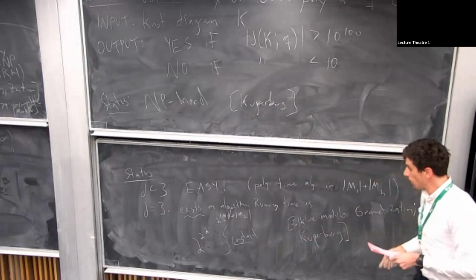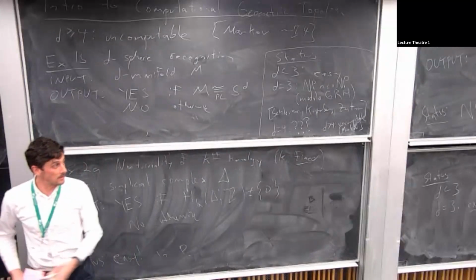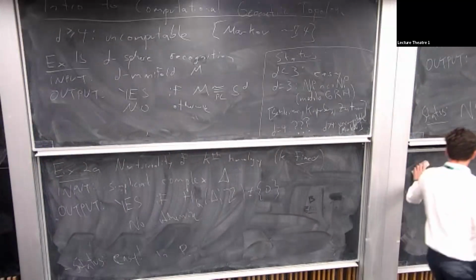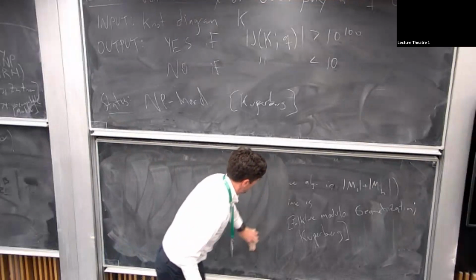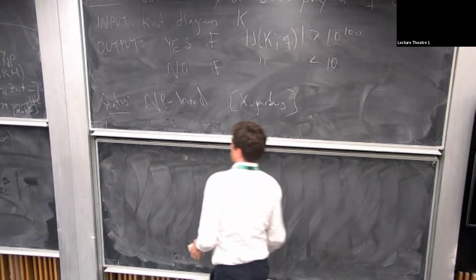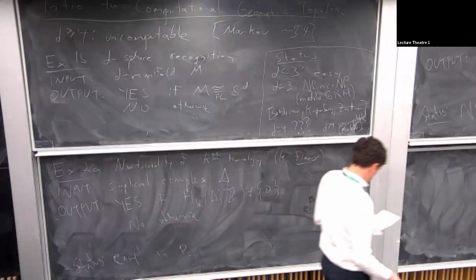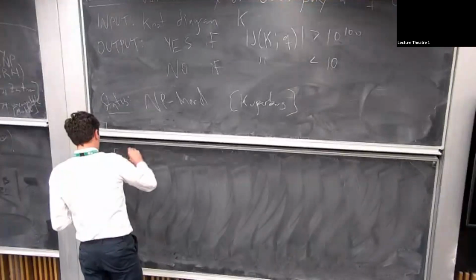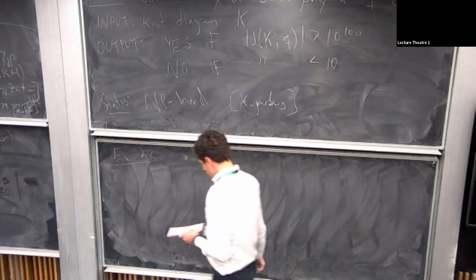So let me give one more example before I dive into the rest of the talk. I think this example might be a little bit related to Nat's conjectures.